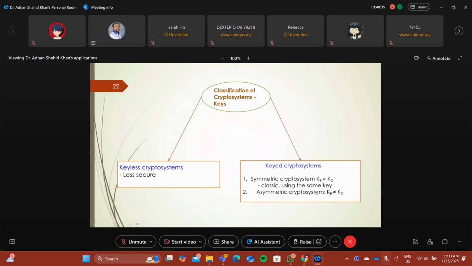Asymmetric crypto systems, where encryption and decryption keys are different, are just like our username and password. See, my username is skadnan.unimas.my, that is my public key. Anybody can get it, I don't mind. But my private key is secure. So two different keys, that is asymmetric.